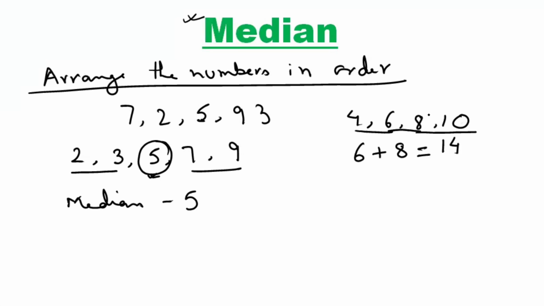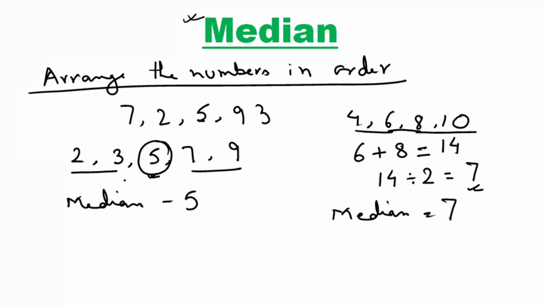What did we do? We just added both of the middle numbers and then the sum of the middle numbers we have to divide by 2. And we get the answer 7. This is the median. So here, what is the median? Median is 7.